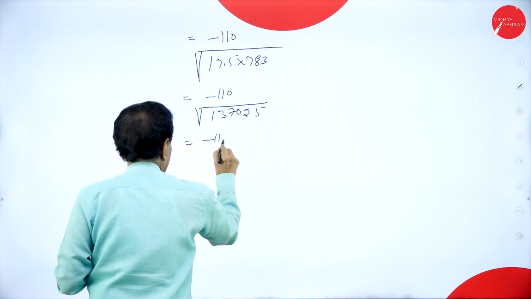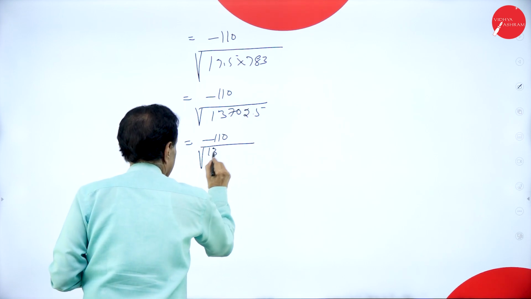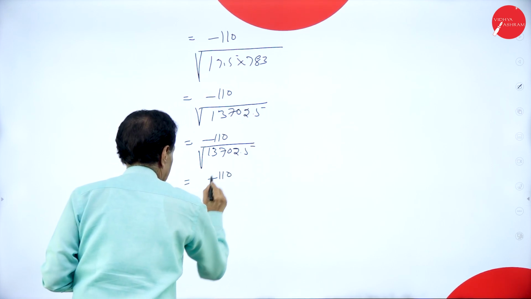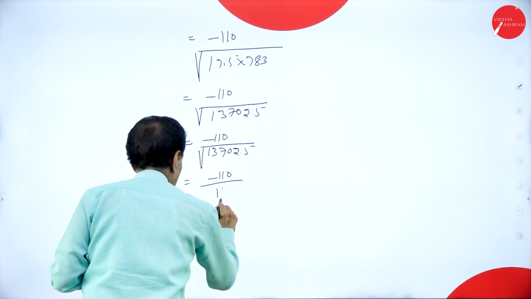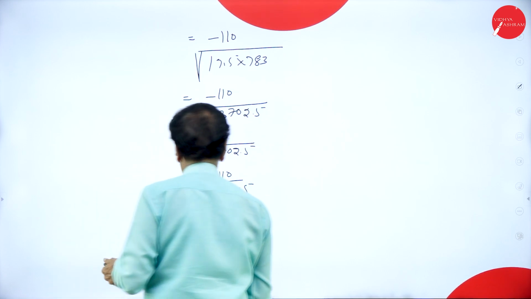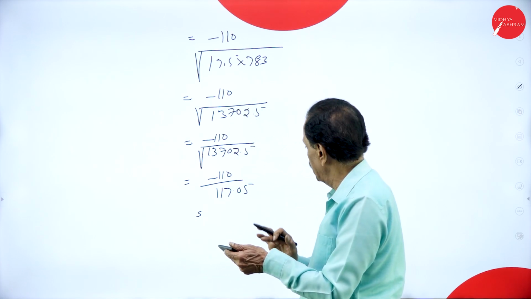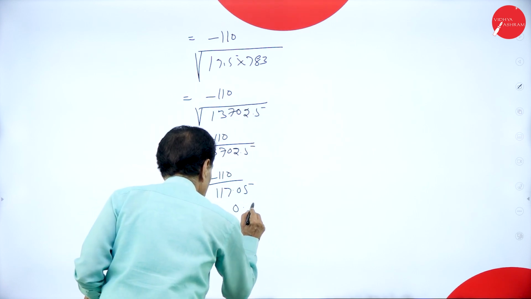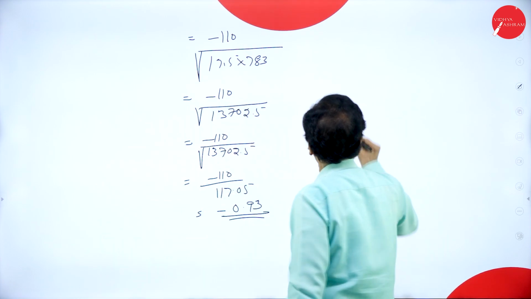Is equal to 110 divided by root of 1370.5. Remove the root, minus 110. Remove this root. 117.05. 110 divided by 117.05, 0.93 minus. 0.93. Your correlation.